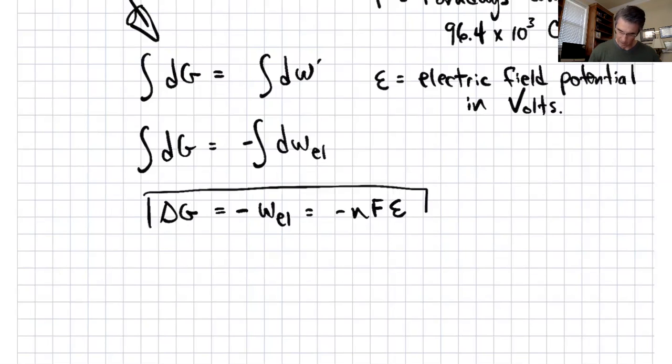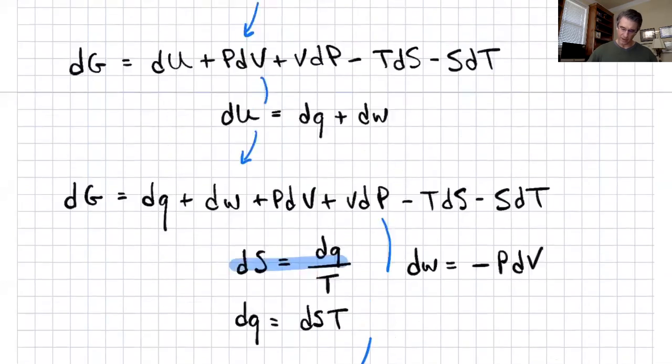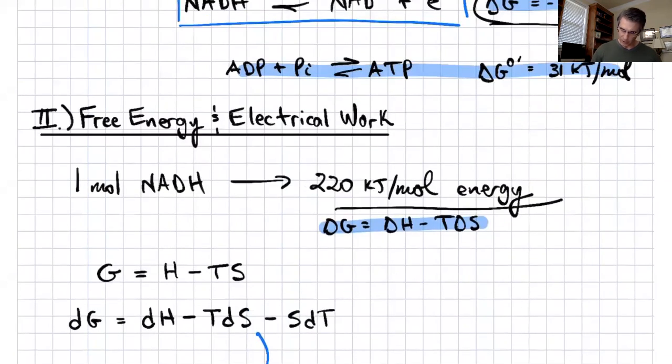That idea that the free energy change associated with the movement of electrons, or changes of electrical status between two different states, is directly connected to a free energy change is exactly the idea we need to now figure out where all this free energy in a mole of NADH is coming from.